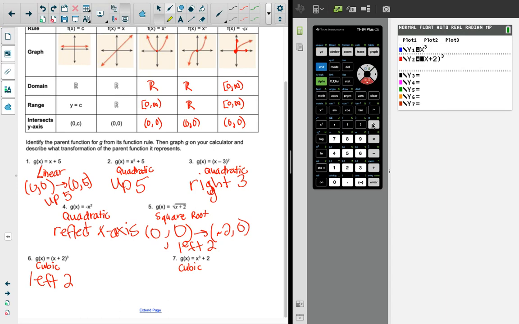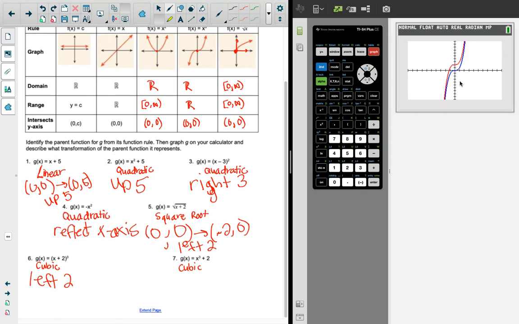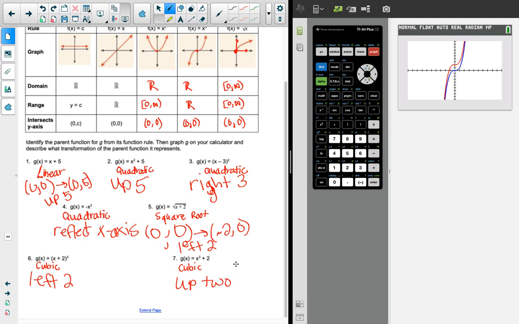While I type it in here, think about which direction you think it's going to go based on what's happened before. All right, so remember what you thought was going to happen? Is that what you thought was going to happen? Our original moved up 2. So this is an example of moving in the vertical direction. Up 2, like that.